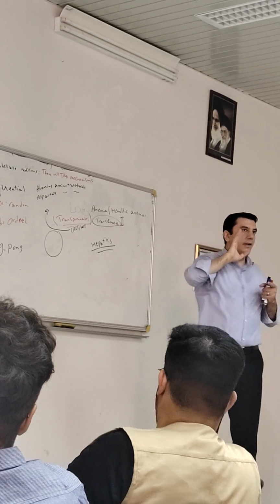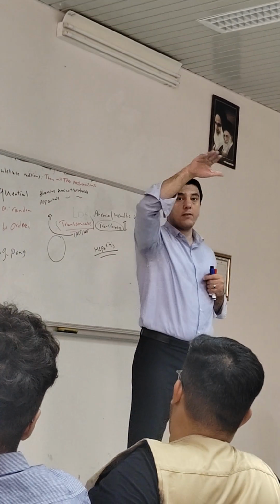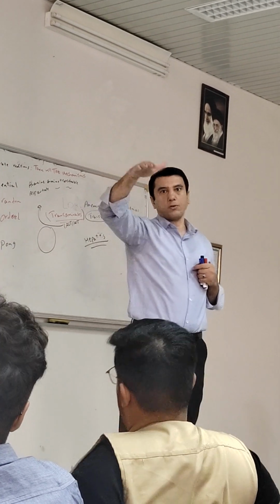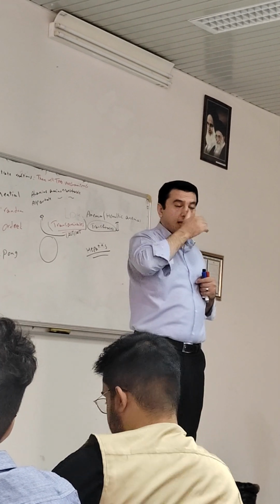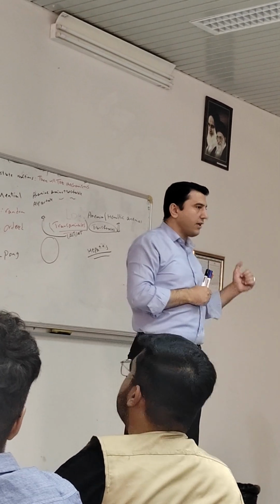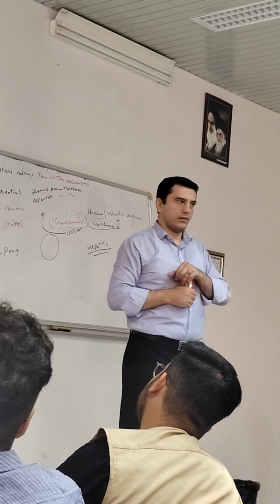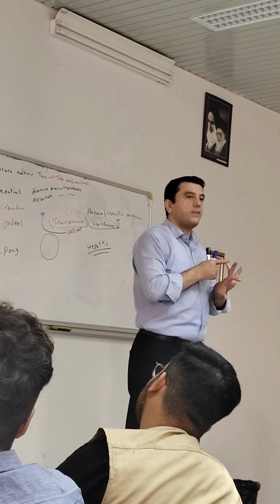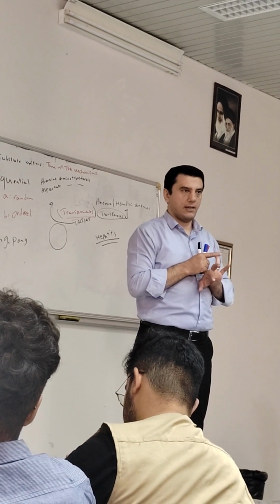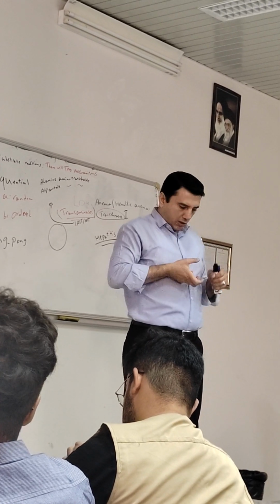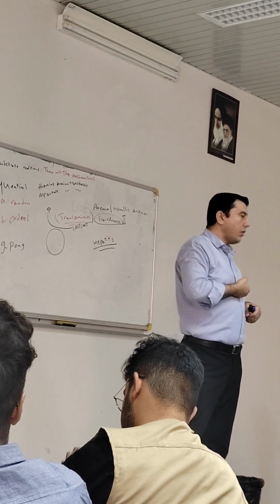This is the situation where you can see the highest level of AST and ALT in your patients. The highest level of AST and ALT will occur in acetaminophen overdose.